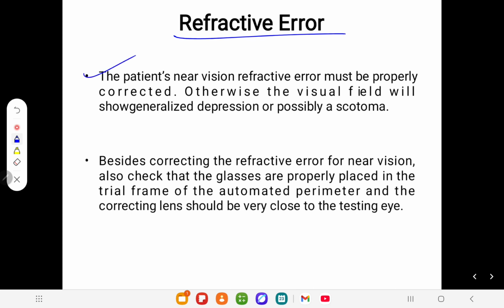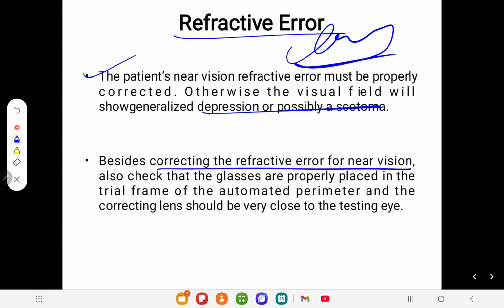Refractive error. The patient's near refractive error must be properly corrected. Otherwise, the visual field will show generalized depression or possibly scotomas. Whenever you correct with a lens, use a large aperture lens. Besides correcting the refractive error, check that the glass is properly placed in front of the eye. If it is not placed properly, then we will definitely create a ring scotoma.